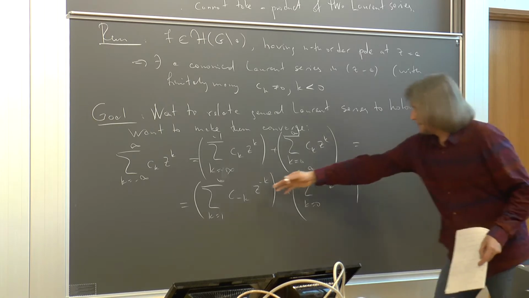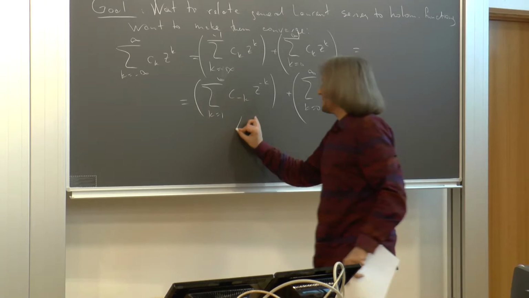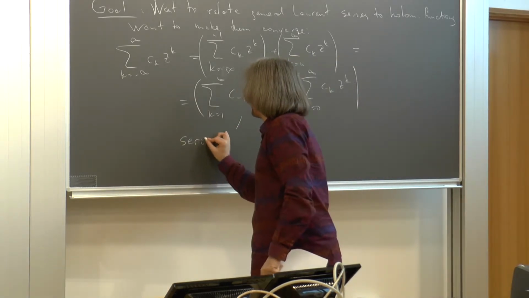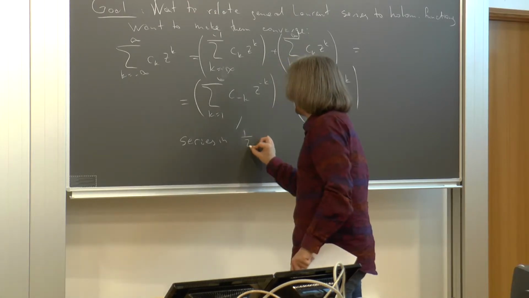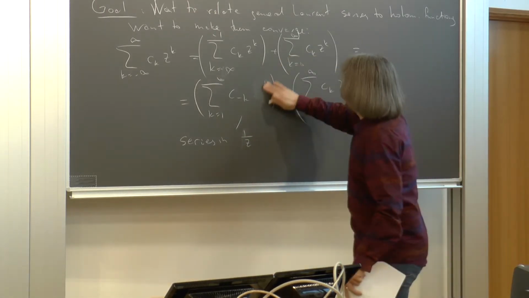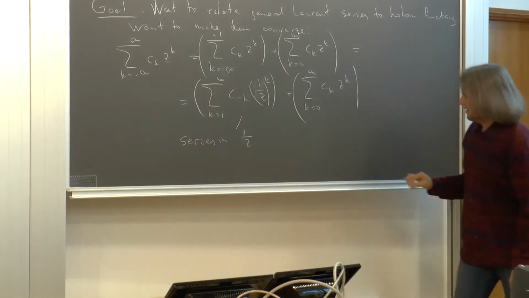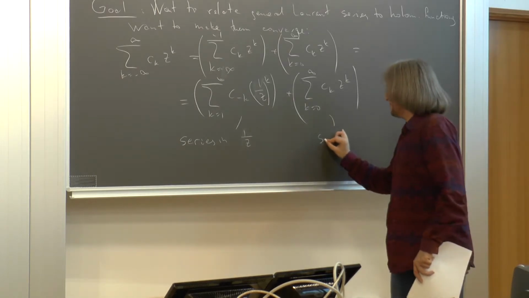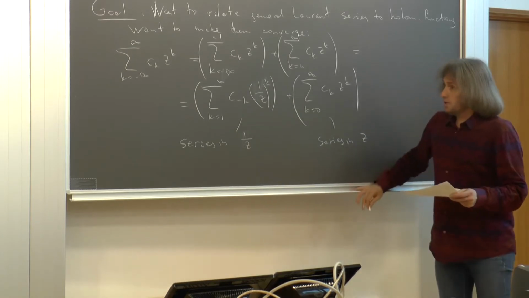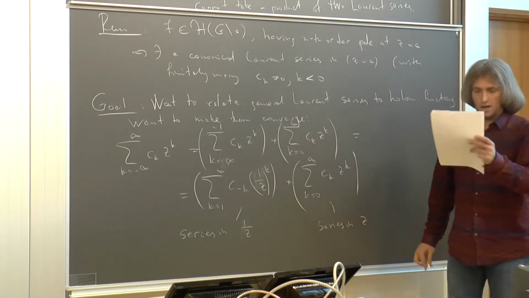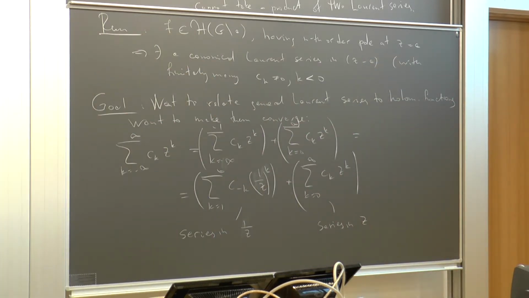So we have two series now, and we treat the first as a series in 1 over z. I can write this as 1 over z to the k, and treat this as a series in 1 over z. And the second as a series in z. As such, they have all the features of usual power series.